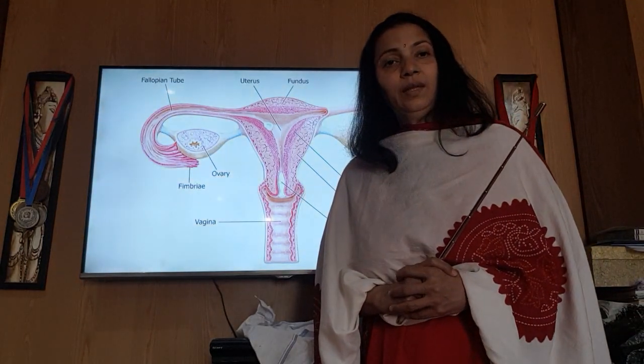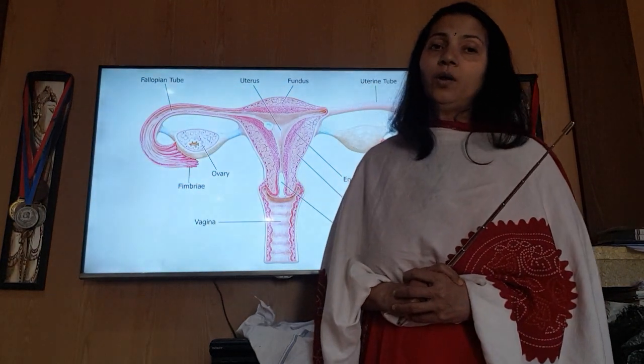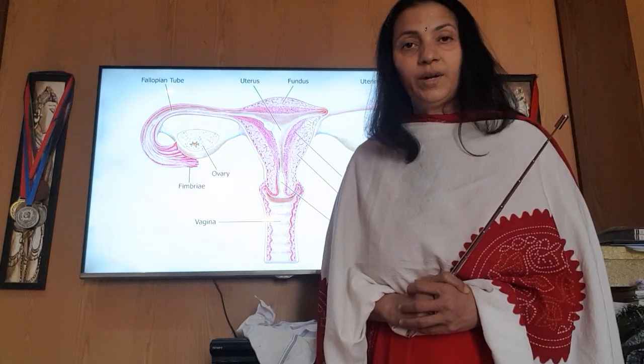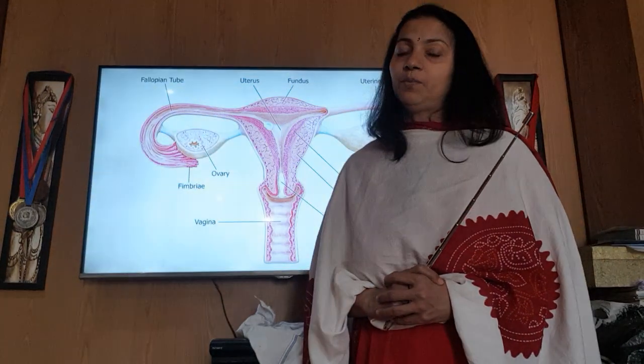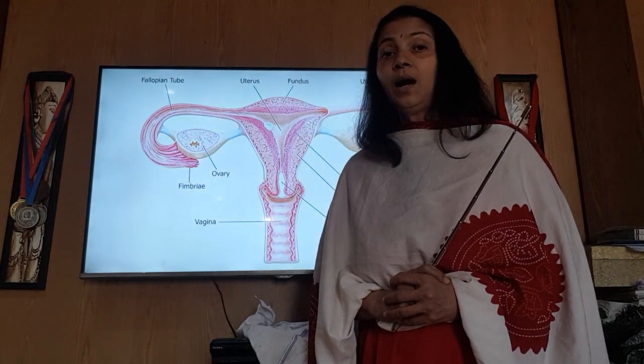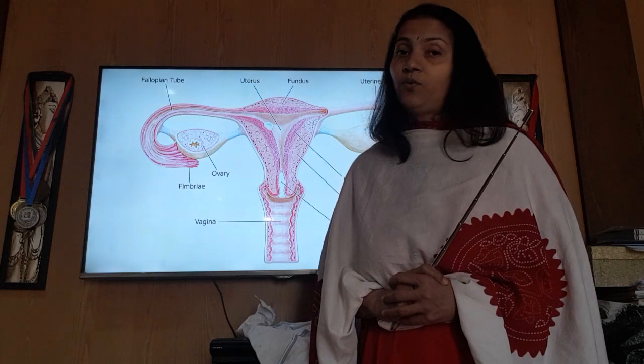So this much you know, but like all organs, the ovary also has a blood supply, it has lymphatic drainage, it has nerve supply. So what are the arteries which supply the ovary?